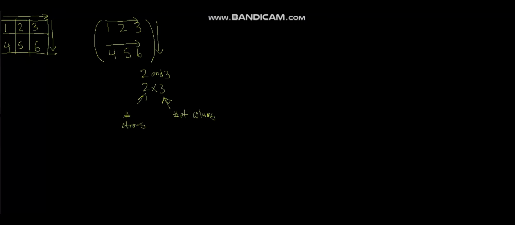So when we speak of the number of rows and the number of columns of a matrix, this is called the dimension. The dimension of a matrix is the number of rows and columns.